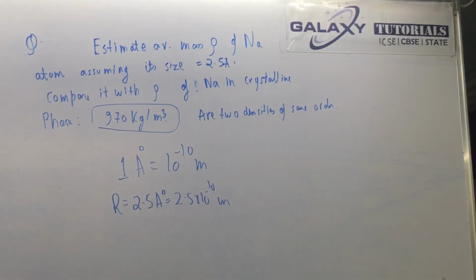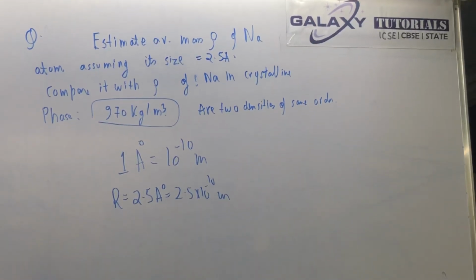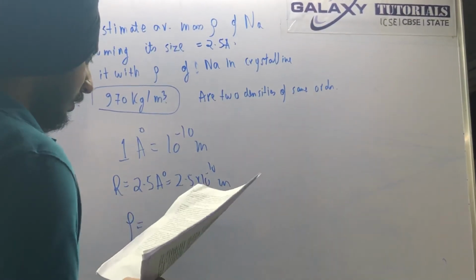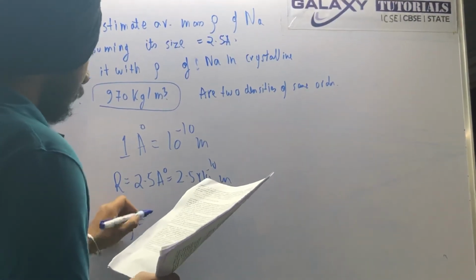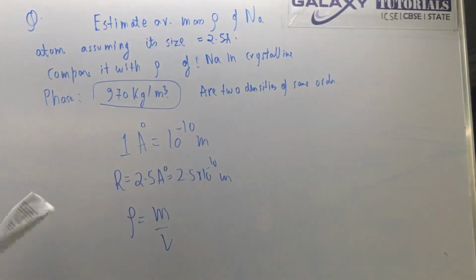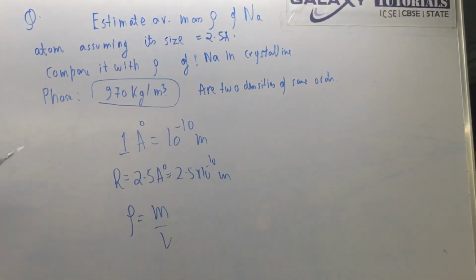So the radius is given to us. We have to find the density. Density is equal to mass upon volume.